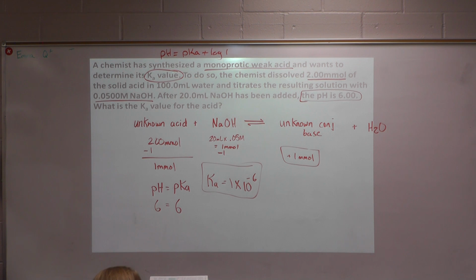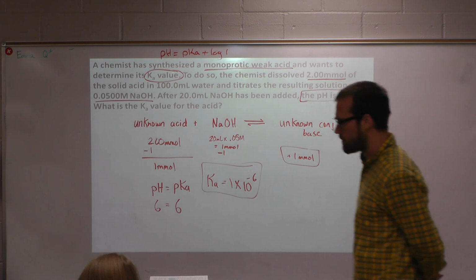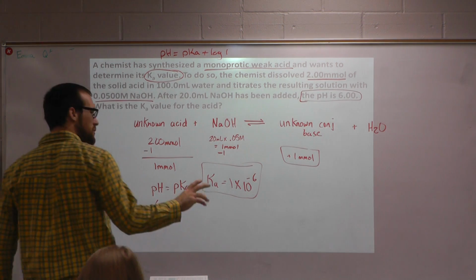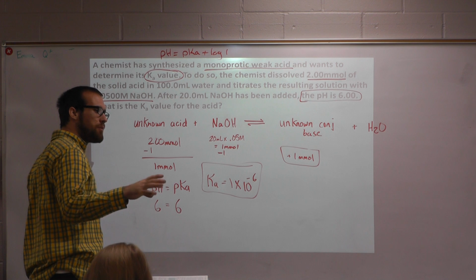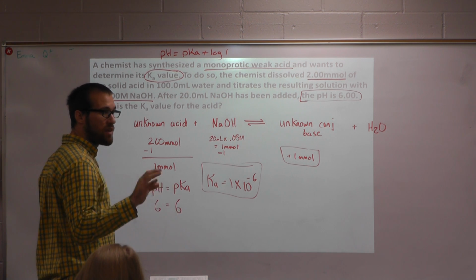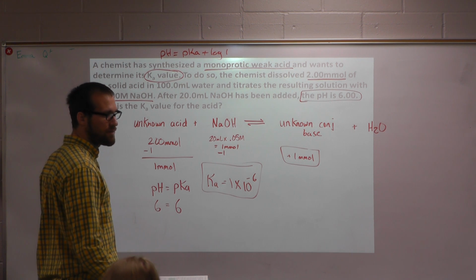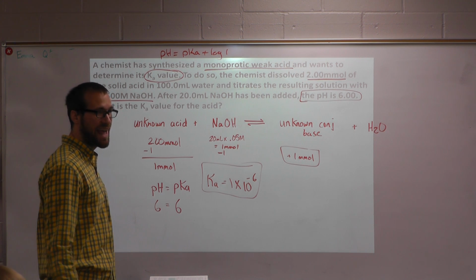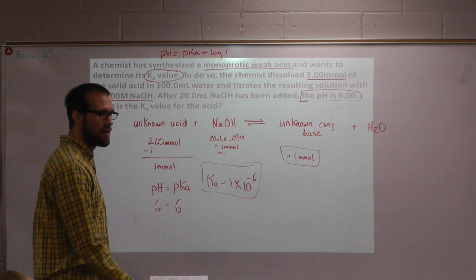Yes. Okay, but the equivalence point can be more difficult. If you're dealing with a weak base, you're going to have to take that Kb, turn it into Ka, or take the negative log of that.